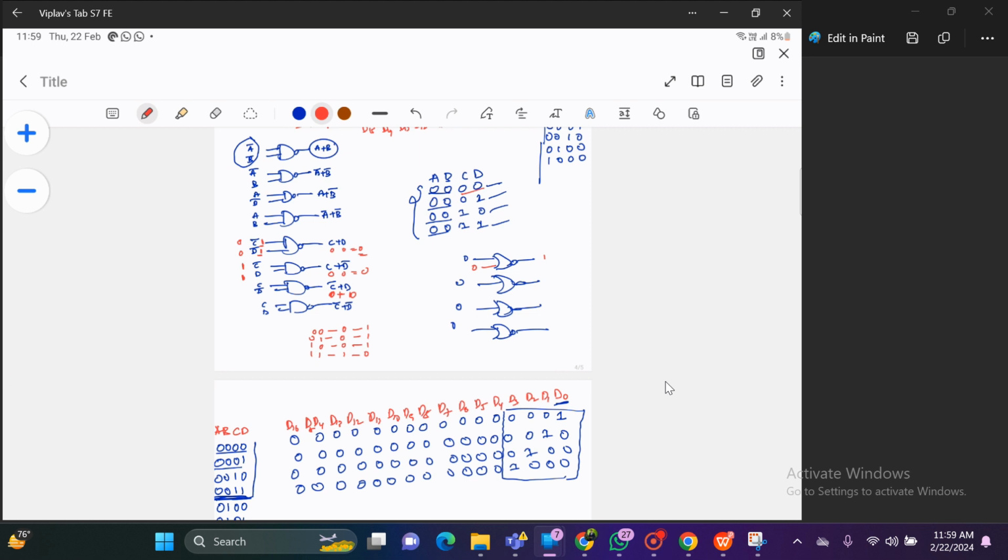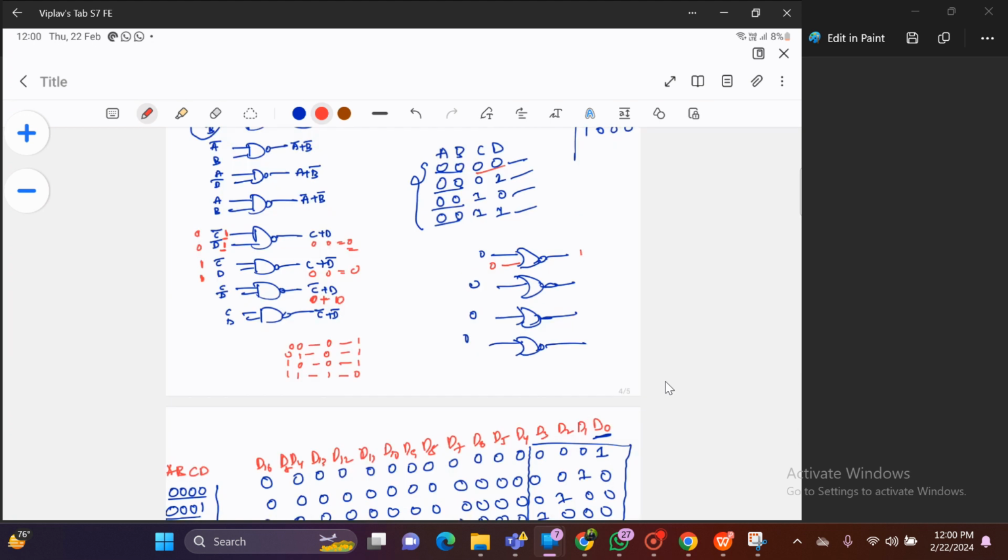Okay, so we are at this stage now. Let us see what this is. 0 0, C bar, D bar. C bar is already given actually.